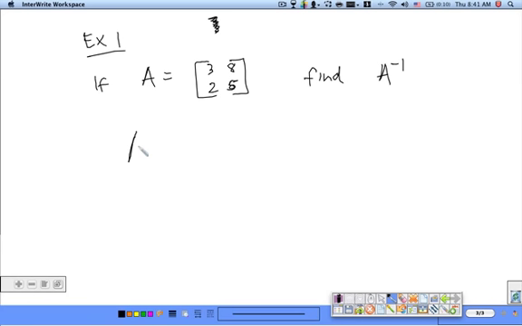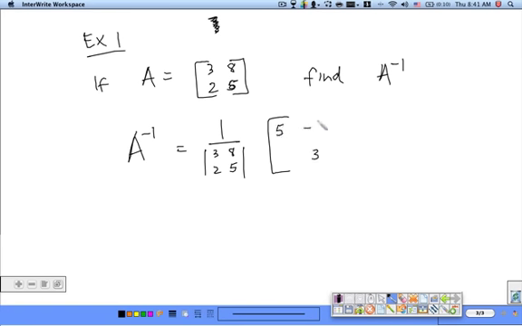Here we go. So the inverse of A is equal to 1 over the determinant of A. So we can write it like this. The determinant of, let's put it inside, 3, 8, 2, 5, times, that's just going to be some scalar number, times, let's switch them up, remember? D and A switch. So 5 goes here, 3 goes down here.